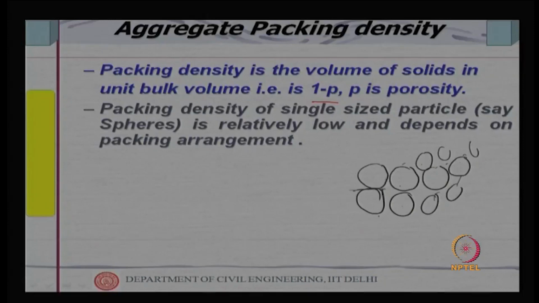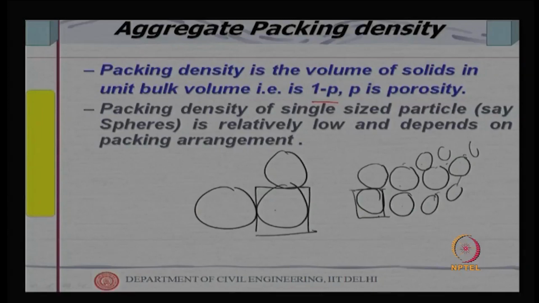Then the void content I can find out. The void content or porosity, because all particles are touching each other. If I find out this volume, volume of solid will be this and total volume will be this. If the diameter of the particle is d, d cube will be my total V, and V s will be equal to pi d cube by 6.